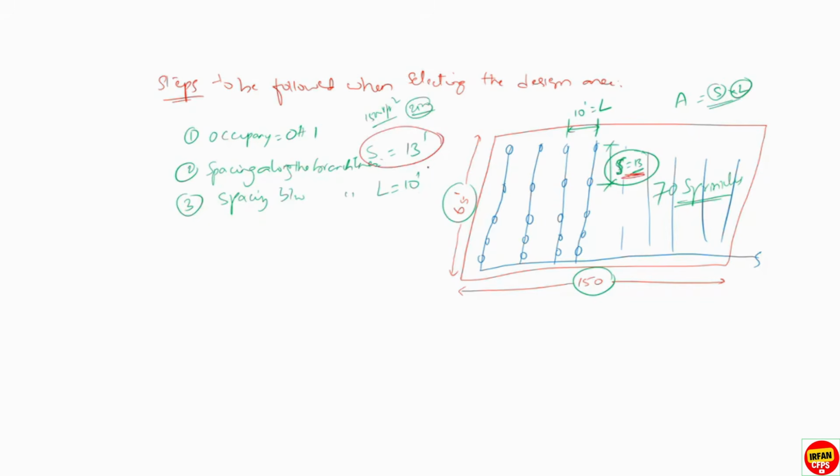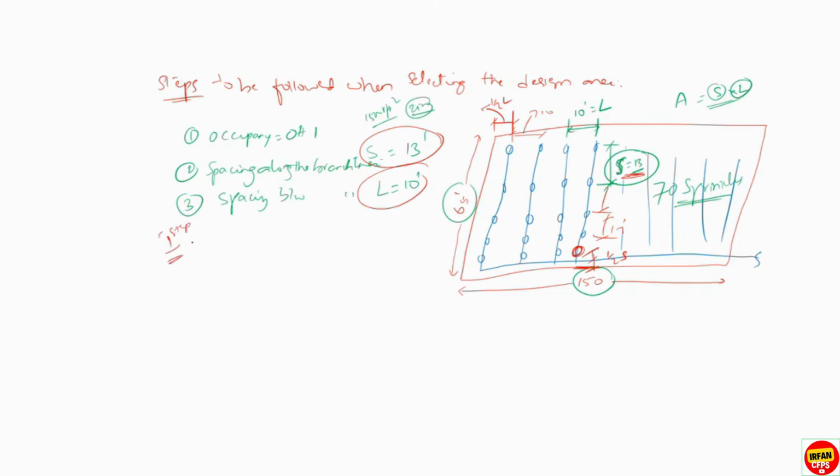In this example, S is uniform, L is uniform. It means everywhere we consider S as 13 feet, L as 10 feet, and half of S will be from the wall, right? The sprinkler from the wall will be half S. This will be half L. The one which we explained before is also the same one, but here I'm explaining the three-step formula, so it will be easy for you to remember.